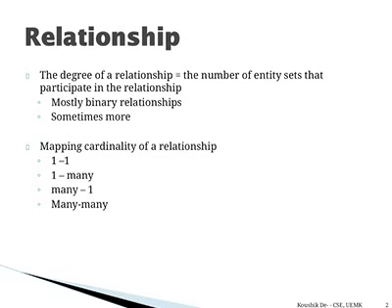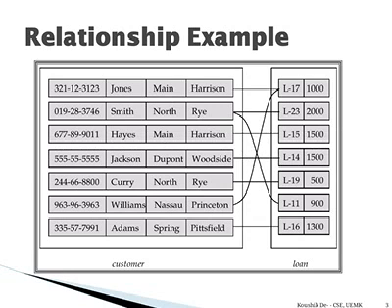So, relationships in DBMS: any association between two entity types is called a relationship. Entities take part in the relationship. It is represented by a diamond shape.